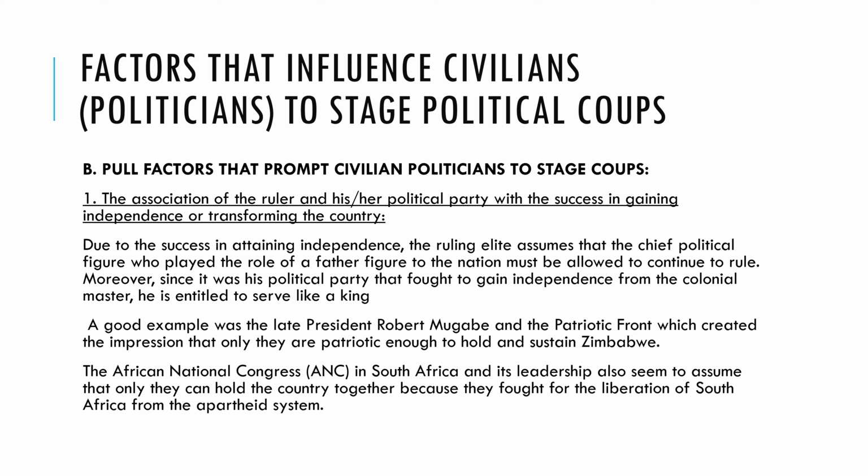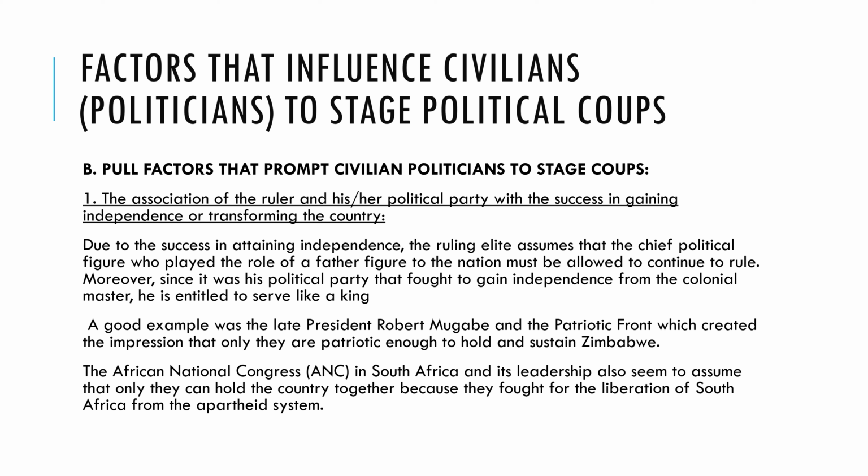The association of the ruler and his or her political party with the success in gaining independence or transforming the country. Due to the success in attaining independence, the ruling elite assumes that the chief political figure who played the role of a father figure to the nation must be allowed to continue to rule.